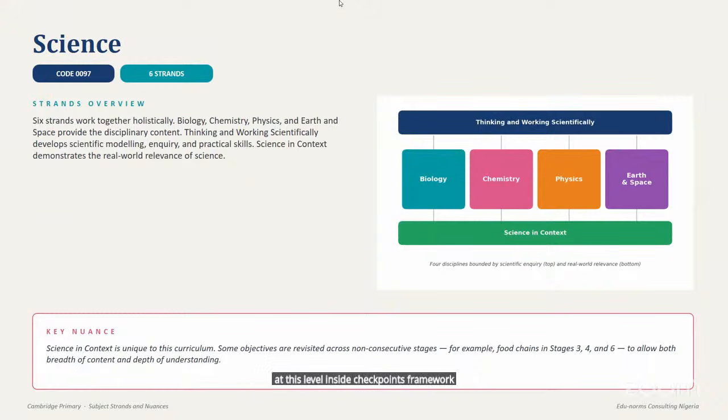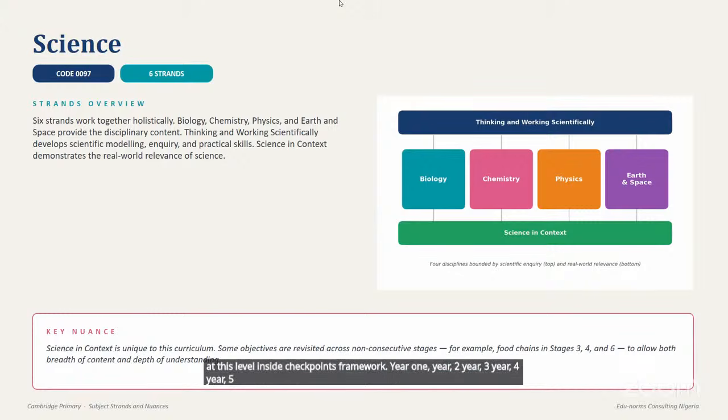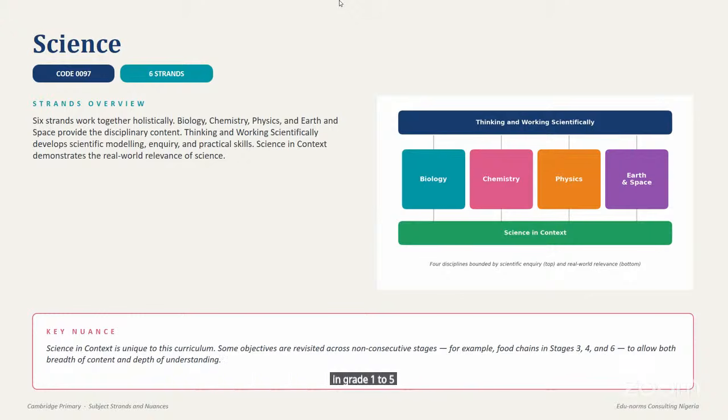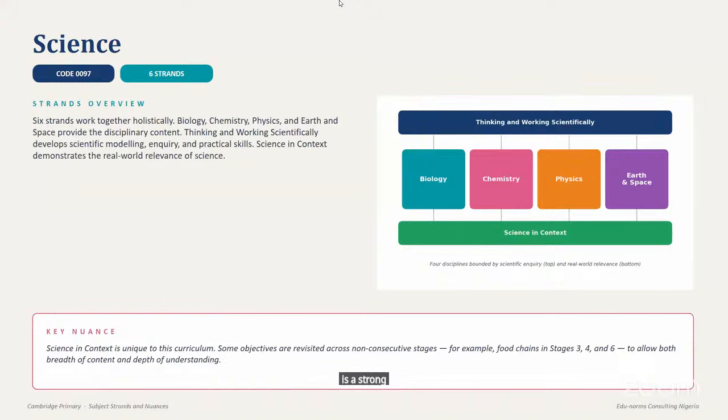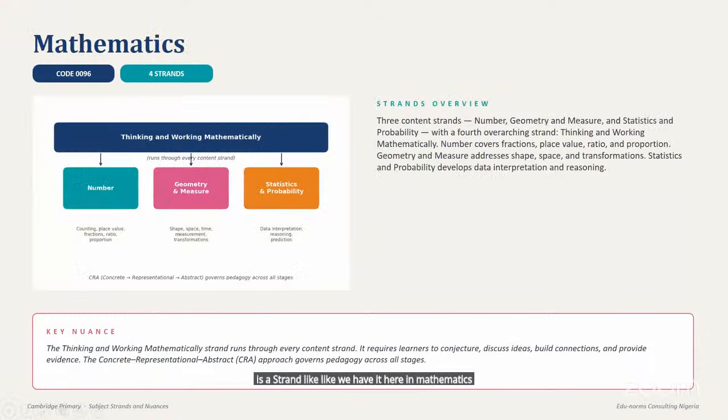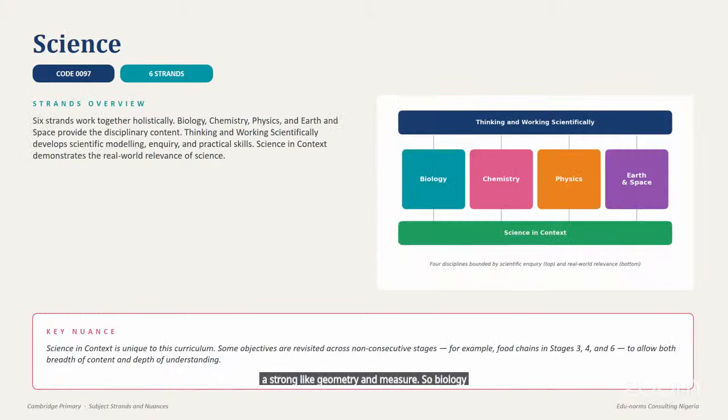Year 1, year 2, year 3, year 4, year 5, year 6, year 7, year 8, year 9 in a Nigerian context: basic 1 to 5, and then GS1, GS2, GS3. Under the Cambridge science or British science, the biology you are seeing here is not a subject yet, it is a strand. A strand like we have in mathematics, a strand like number, a strand like geometry and measure. So biology here is not a subject.